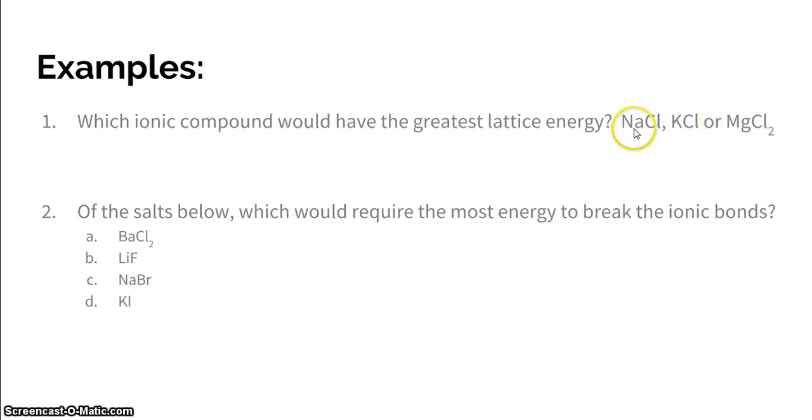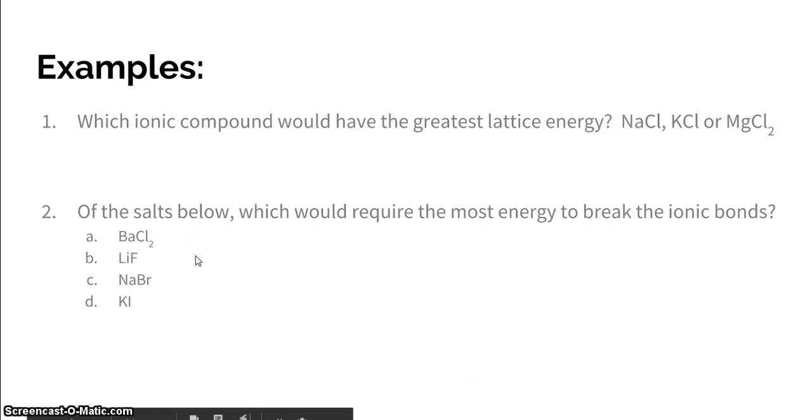And then if we're comparing sodium chloride and magnesium chloride, sodium and magnesium are similar in size, but because magnesium has a +2 charge, that one is going to far outweigh the attraction than sodium chloride. So magnesium chloride will by far have the greatest lattice energy of those three compounds.